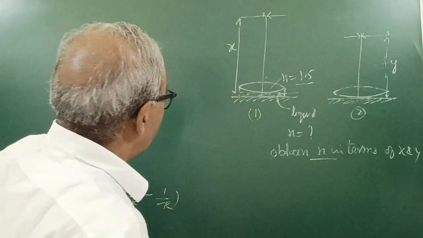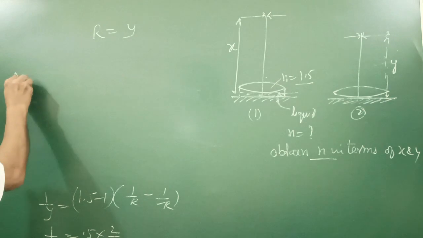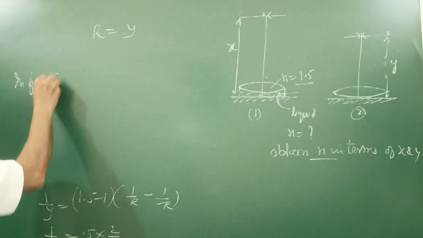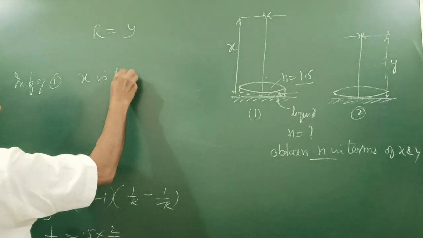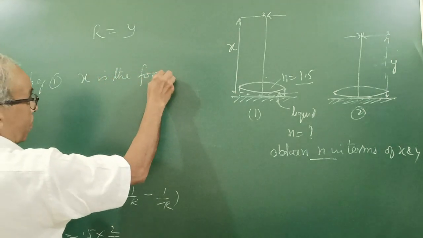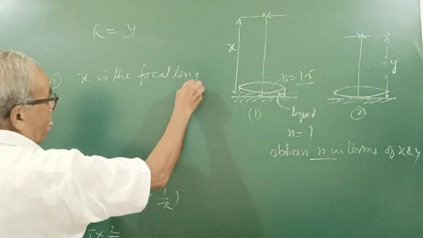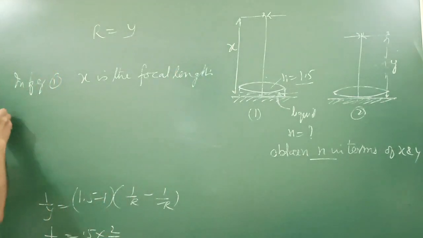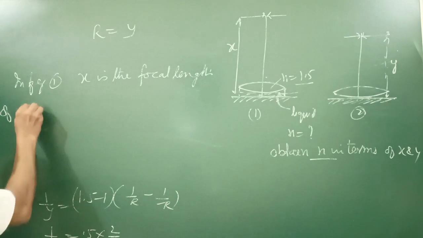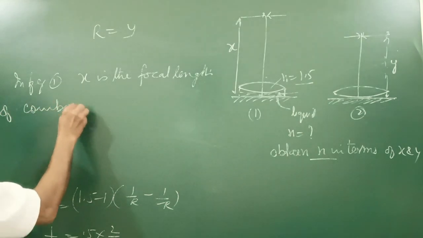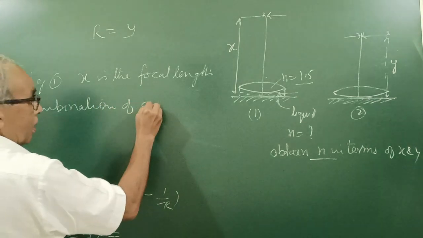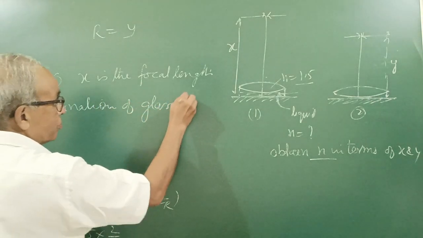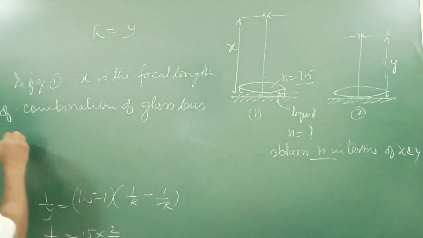Now in figure 1, x is the focal length of the combination of the glass lens and the liquid lens.